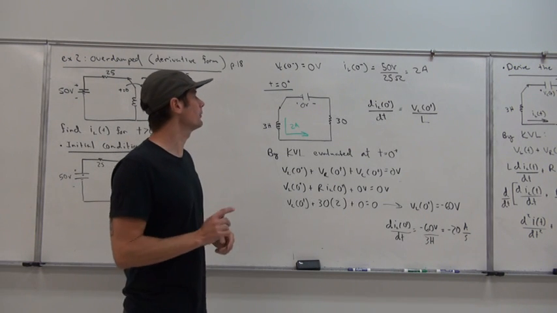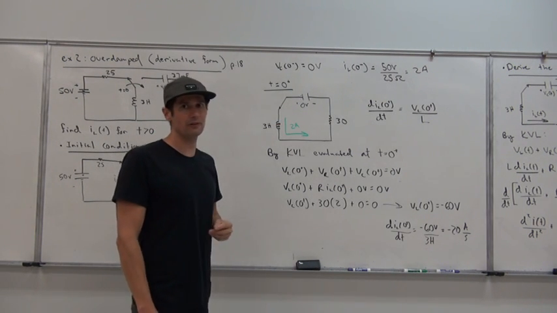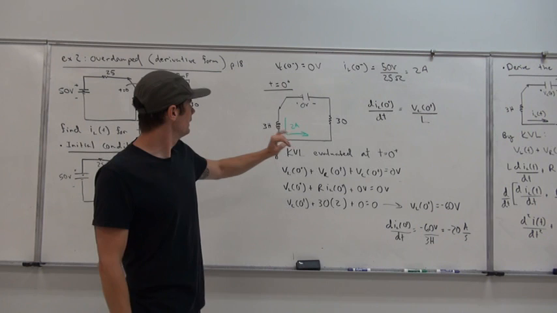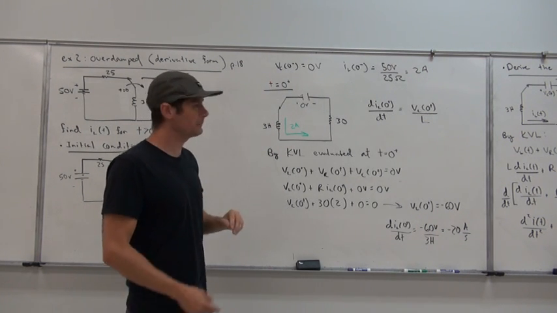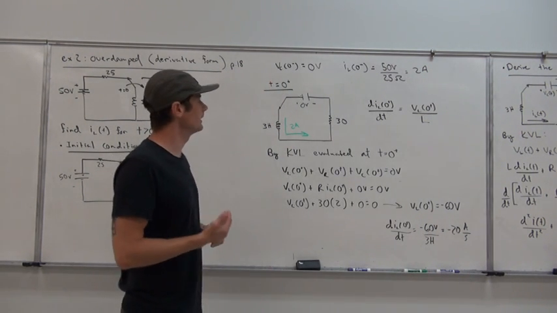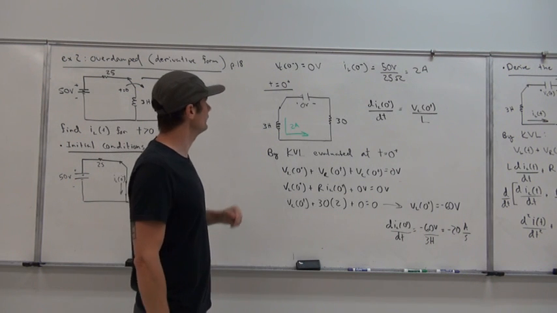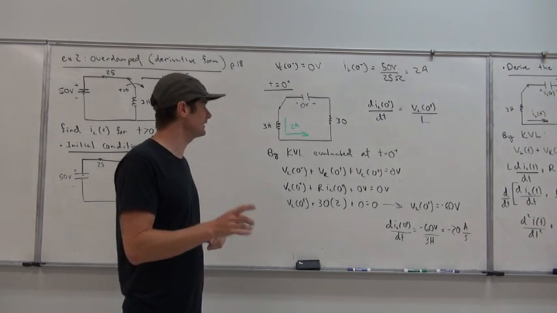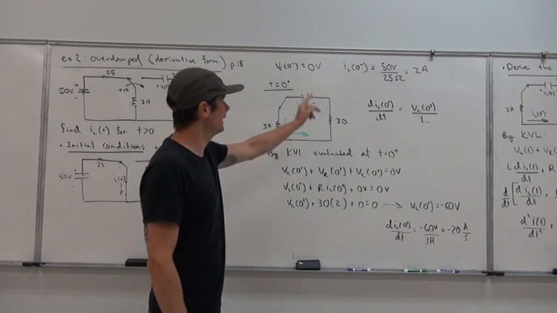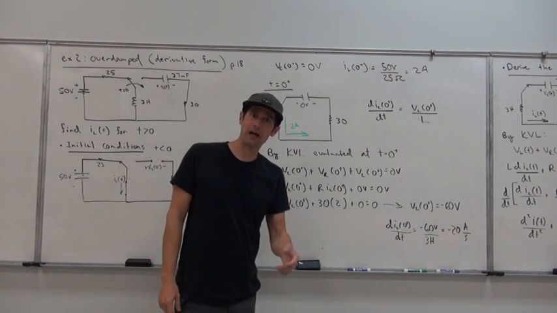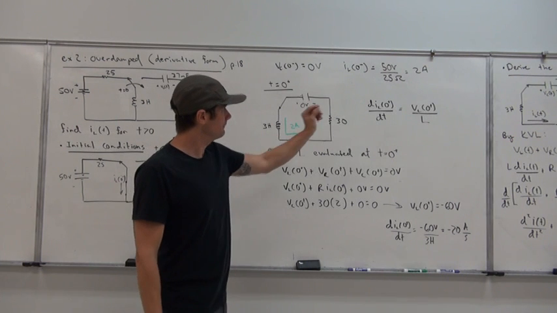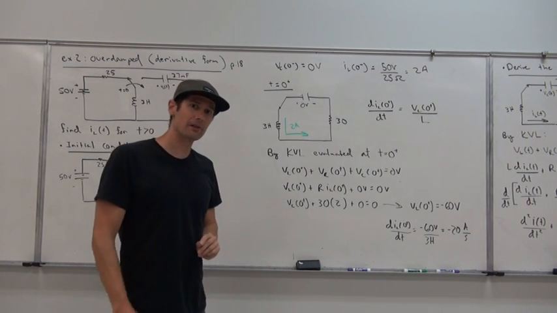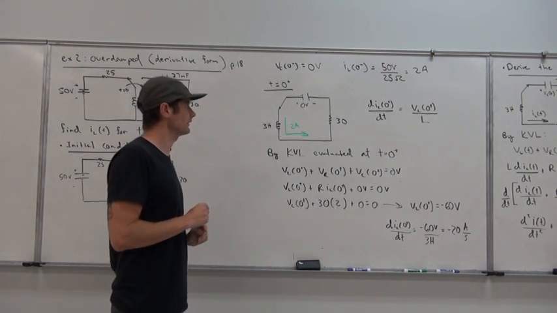But we know that at t equals 0 plus, VC of 0 minus is equal to VC of 0 plus. So VC of 0 plus will be held to 0 volts, because that voltage can't instantaneously change. And IL of 0 minus will be equal to IL of 0 plus, rendering 2 amps, because that current also can't instantaneously change.